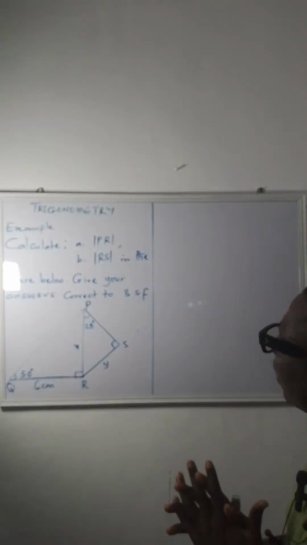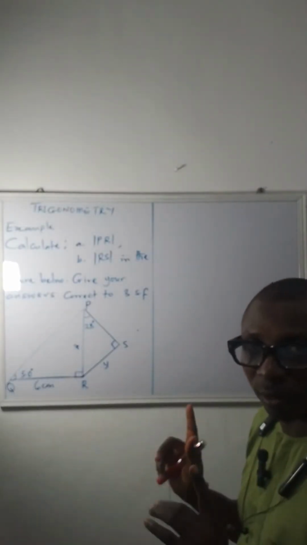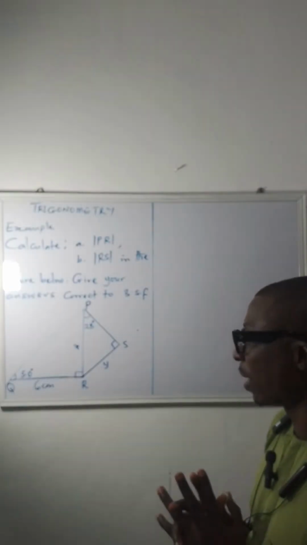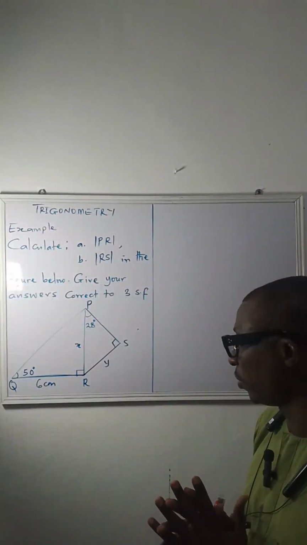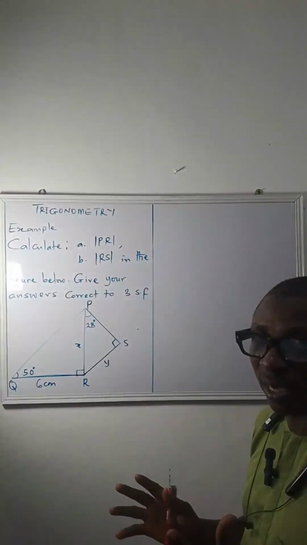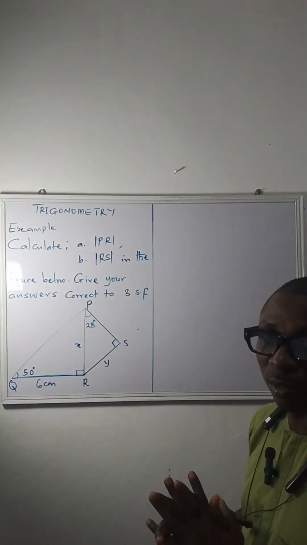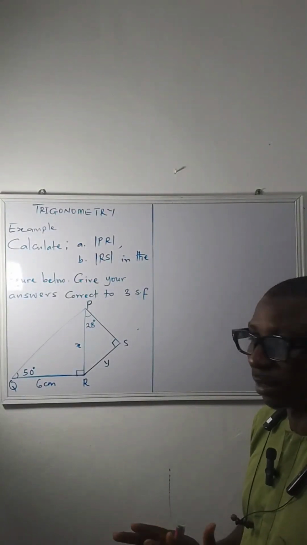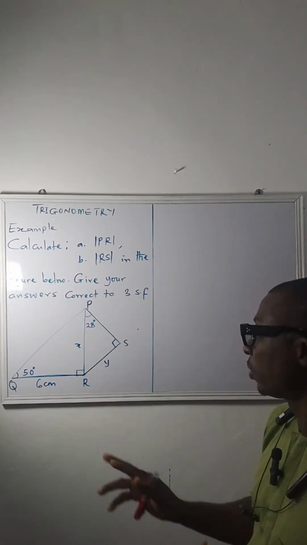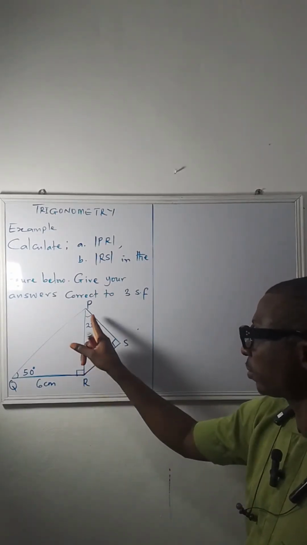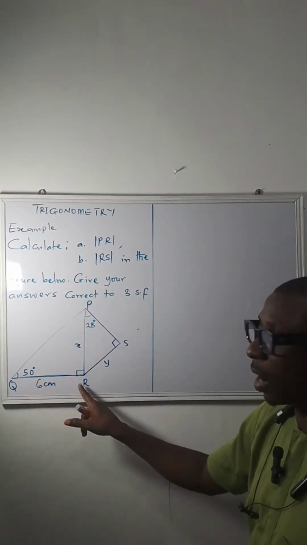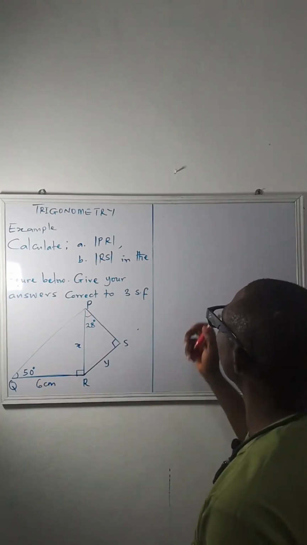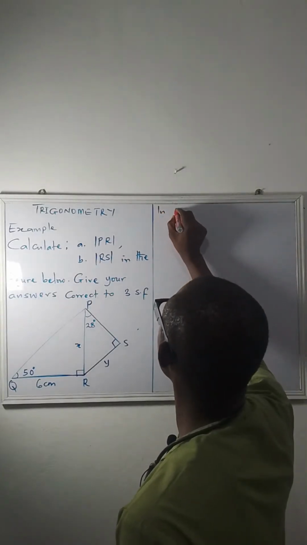Now, what is the first thing to do? We have to consider one of the triangles. I told you the last time that to make the work easier, it is always good to consider a triangle in which one of the sides is given. So in this case, I'll be considering triangle PQR.